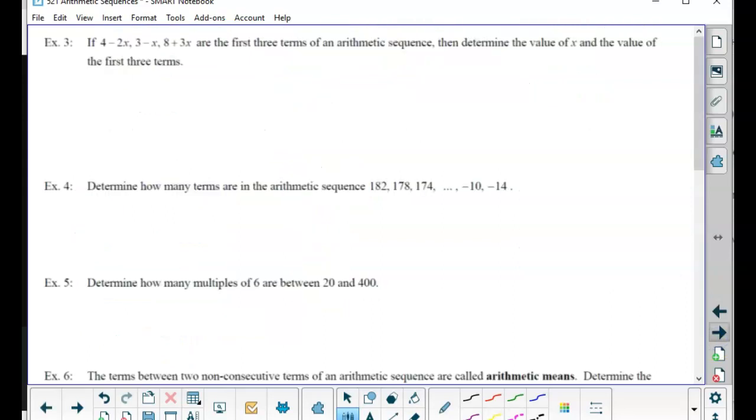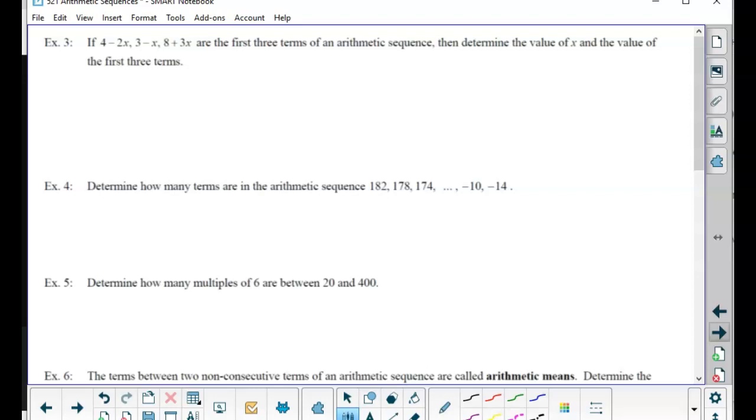Some more questions here. Take a look at this one. It says if 4 minus 2x, 3 minus x, 8 plus 3x are the first three terms of an arithmetic sequence, then determine the value of x and the value of the first three terms. So there's x's in there. Notice how you can't just add a number to go from each consecutive term.